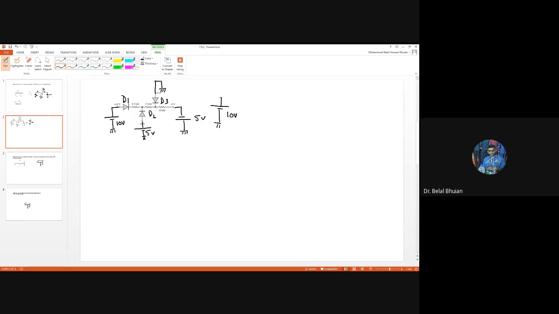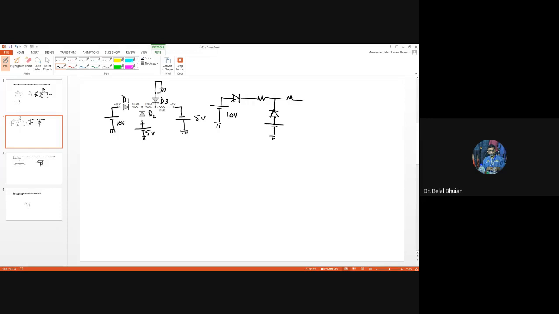Ten volt, then D1, then resistor, then D2, and then another resistor, so I can draw it nicely. This point is connected to the N side.